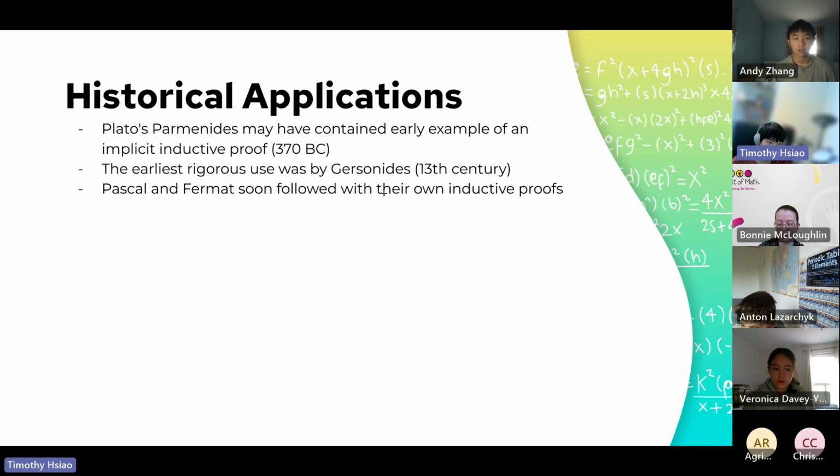The first rigorous use was by Gersonides in the 13th century, which was actually written out and directly expressed. Pascal and Fermat also used induction in their proofs. So you can see that induction has been used for quite a while.